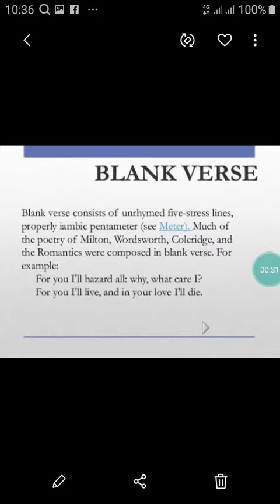So let's see. Blank verse means an unrhymed kind of poetry, but it follows a definite metrical language, or definite meters.